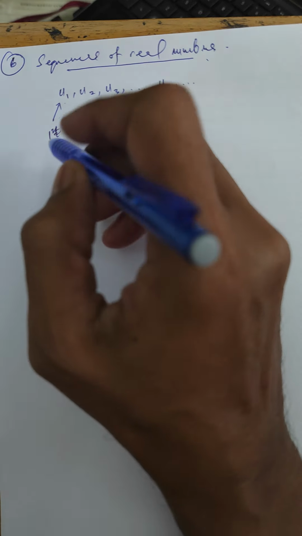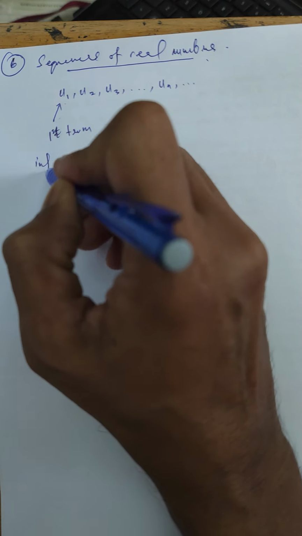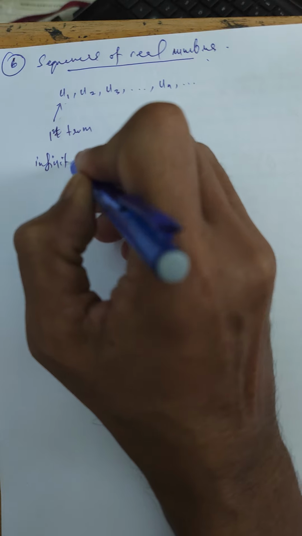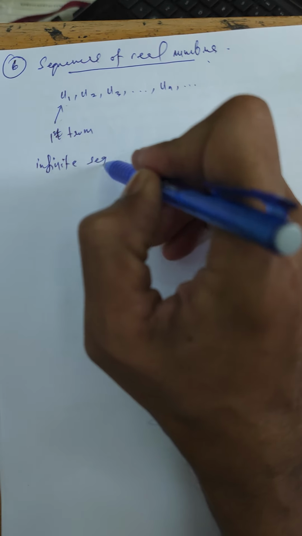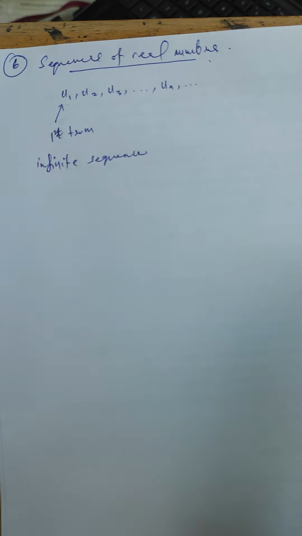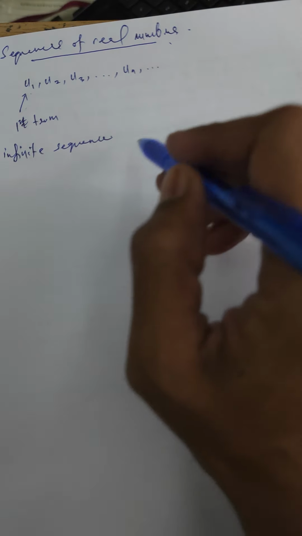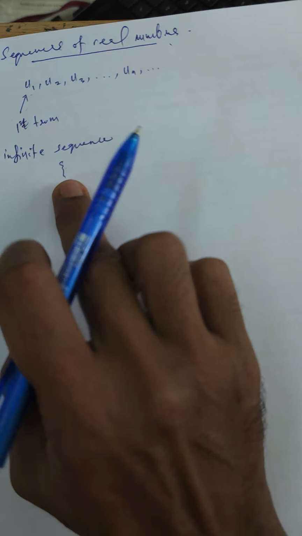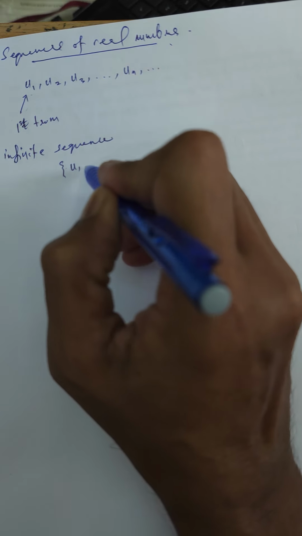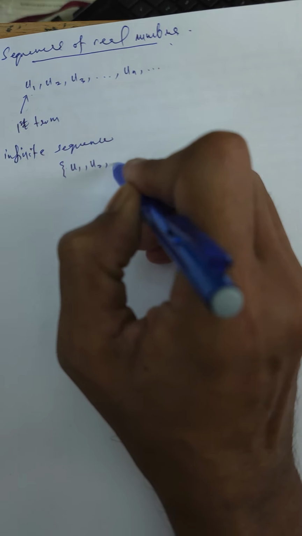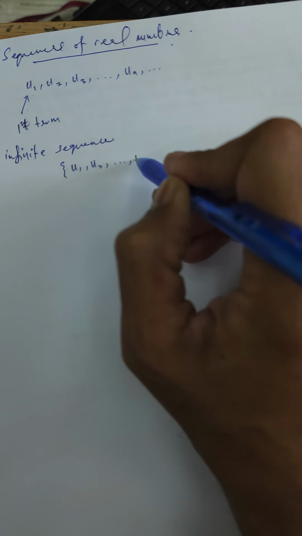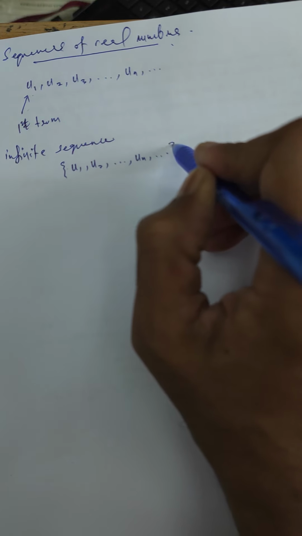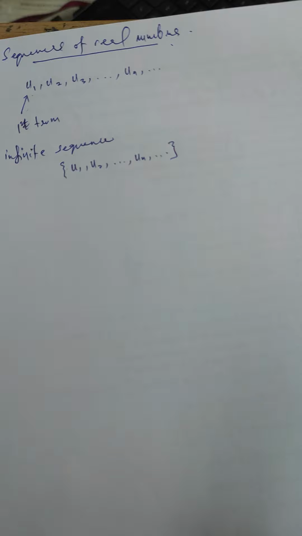Now for the infinite sequence, we denote it with a curly bracket with elements, say U1, U2, UN. That's the way we write the sequence.